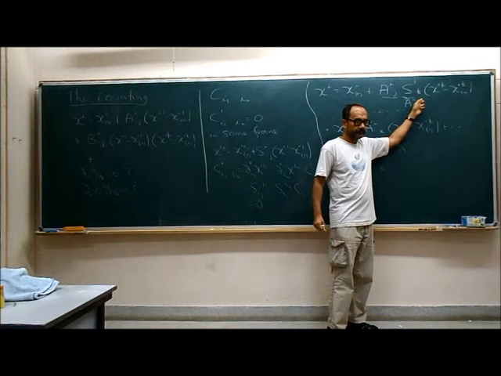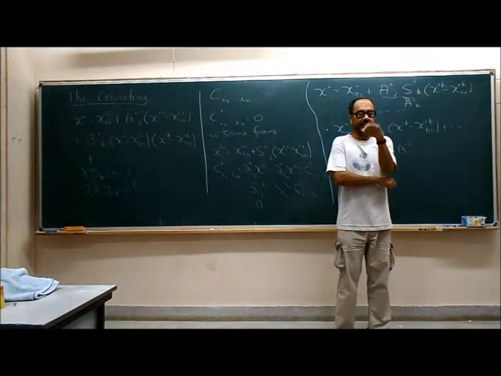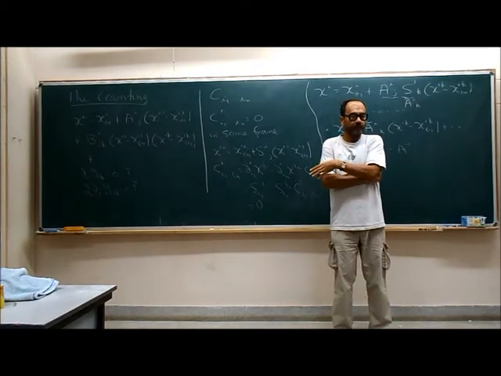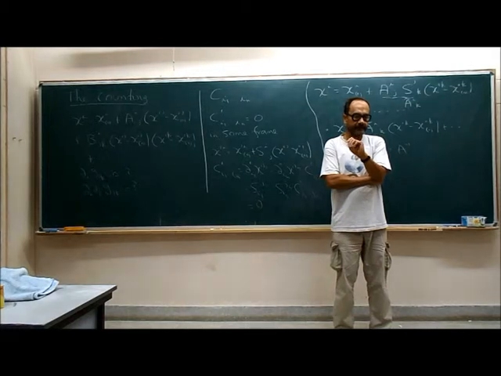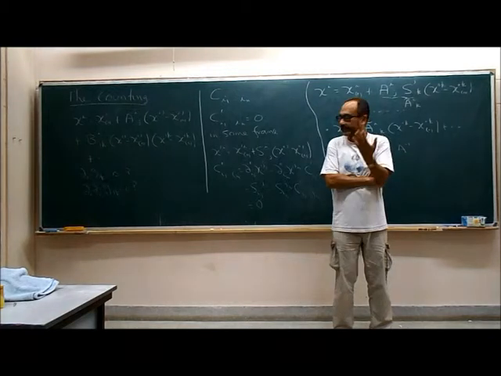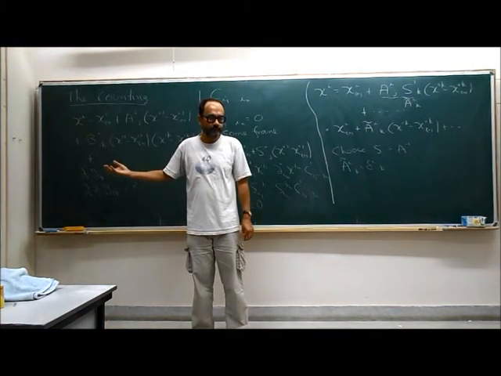Is this clear? So this means that if it is possible to set these things to 0, we should be able to set them to 0 without using A. That is the reason why you don't have to include A in the counting, because whether you can make this happen or not is independent of what A we choose.